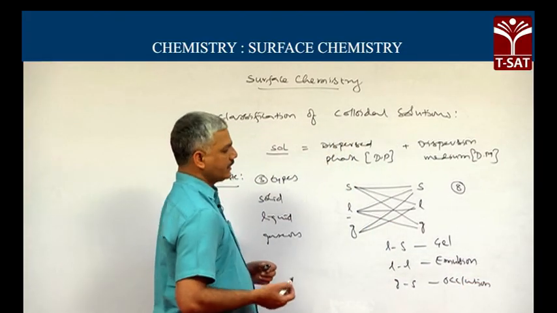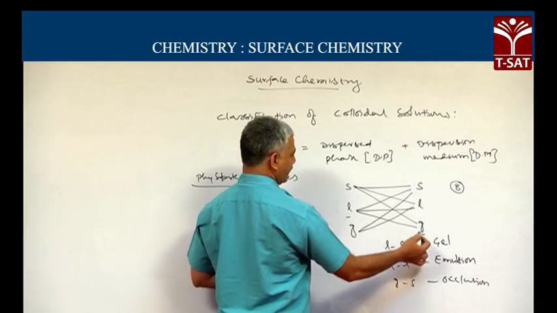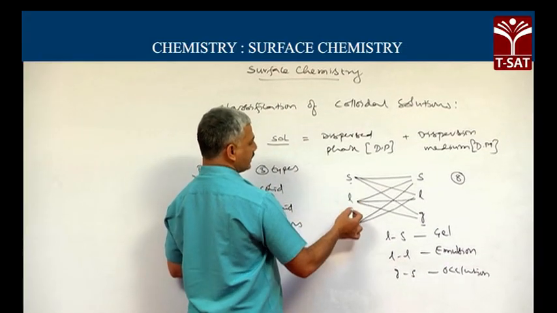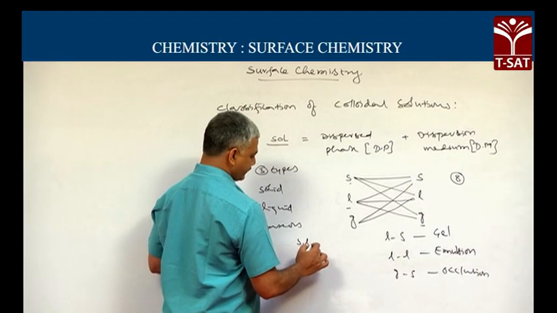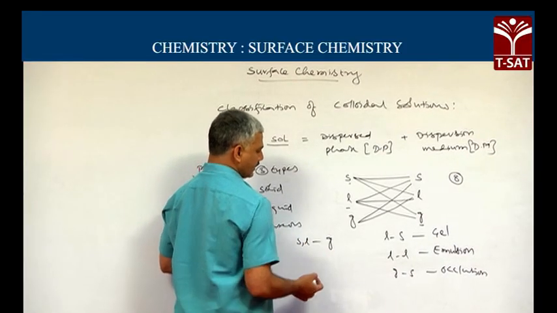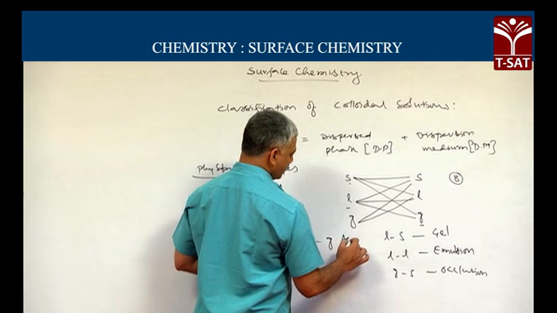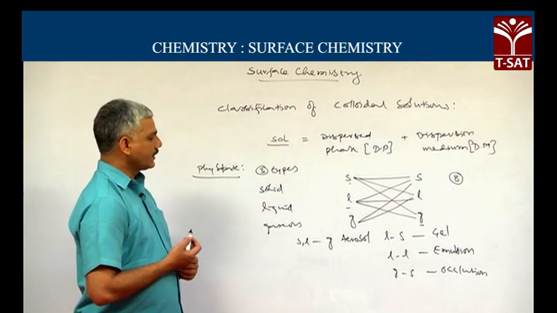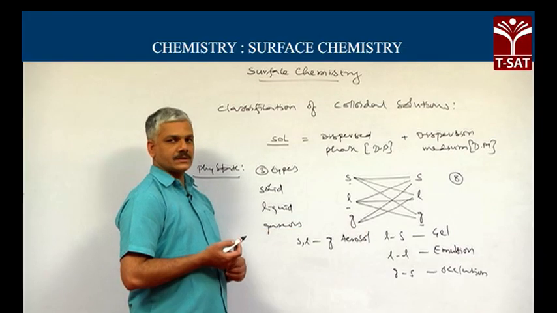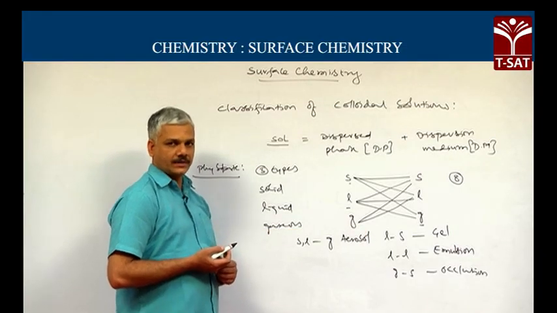And whenever gas is the dispersion medium and solid or liquid is the dispersed phase, the resultant colloidal solution is called aerosol. These are the various terms that are to be remembered.